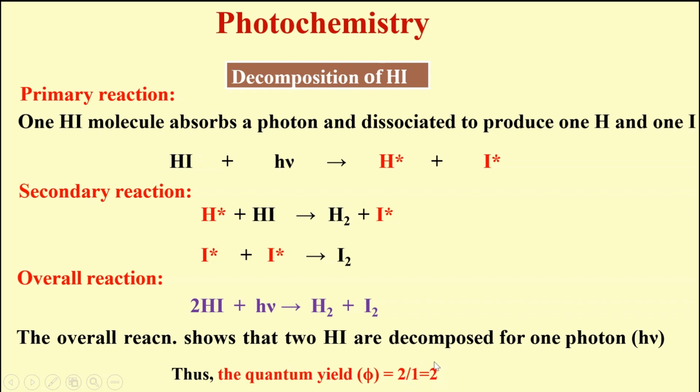That's why 2 by 1 is equal to 2. Similarly, hydrogen bromide also dissociates to give hydrogen and bromine. These are the reactions in which psi has a small integer like 1, 2, 3 and so on.